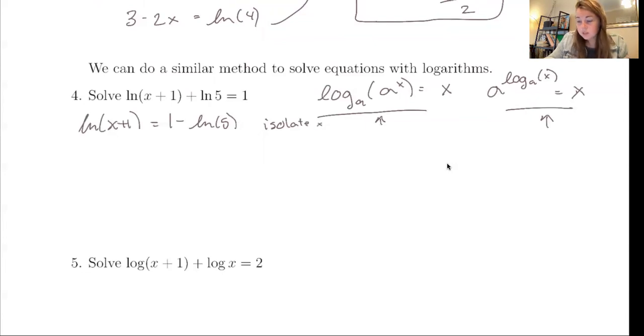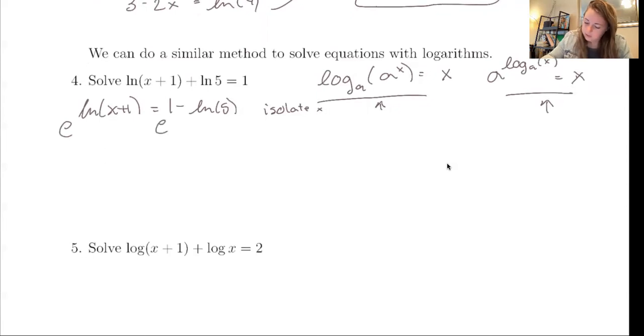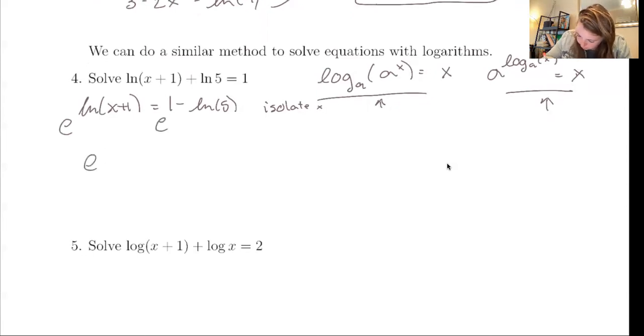Now I'm going to e both sides, right? I have something like this, and I'm going to make it the exponent of e right here so that I get this back out. So I would draw a little e right here and a little e under, just to show that I'm doing something like this. e to the ln of x plus 1 equals e to the 1 minus ln of 5.